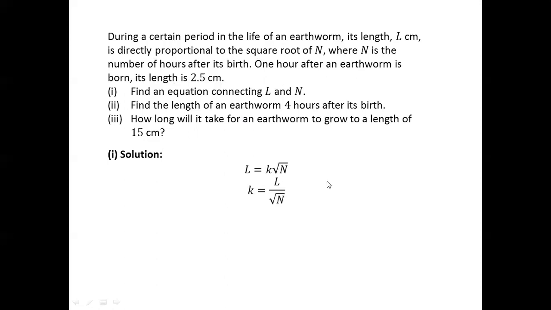We then rearrange the equation to solve for k, and we will solve for k using the initial values given. 1 hour for n, 2.5 centimeters for L. That gives us 2.5 over square root of 1, and square root of 1 is simply 1, giving us a final value of k to be equal to 2.5. That means our equation for this problem will be L is equal to 2.5 times the square root of n.